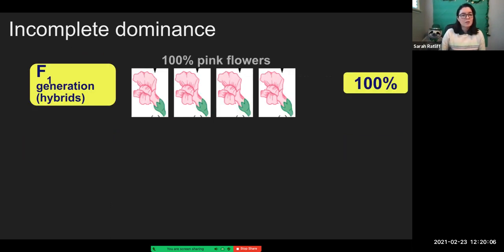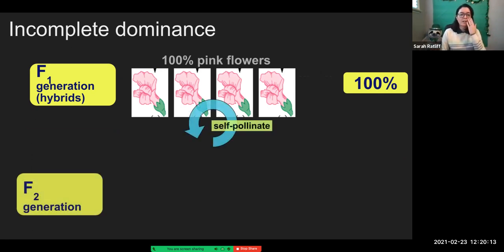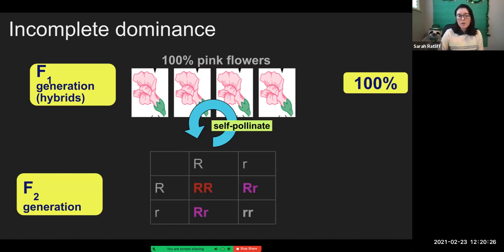Now, we're going to take our F1 generation, 100% pink, 100% heterozygous, and self-pollinate. But what does that mean for our ratios here? Well, let's look at our Punnett square. Would you look at that?